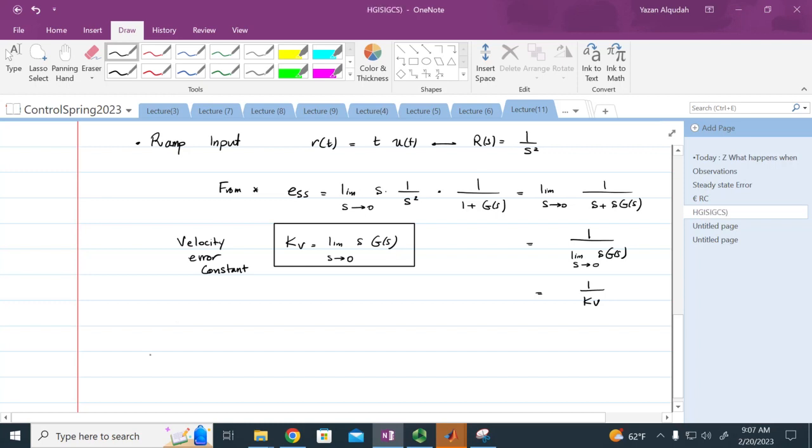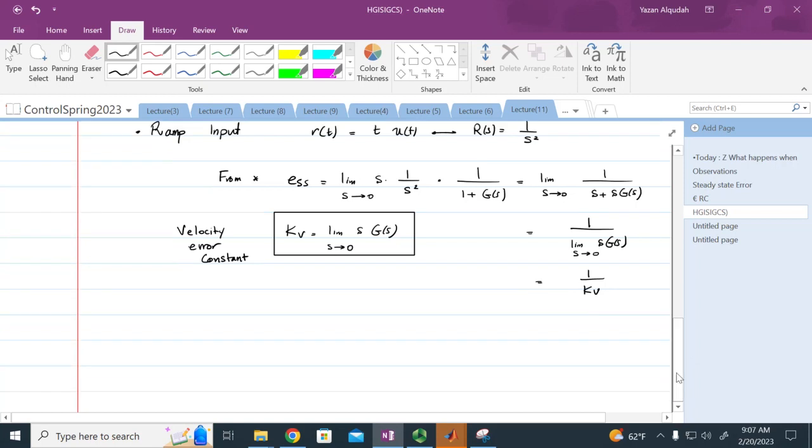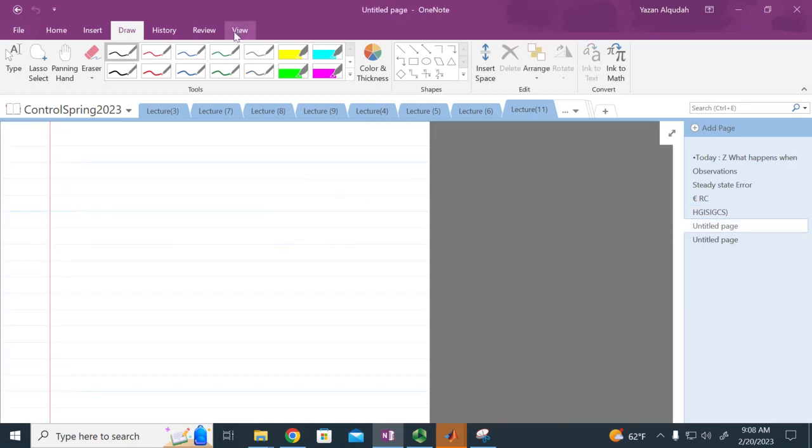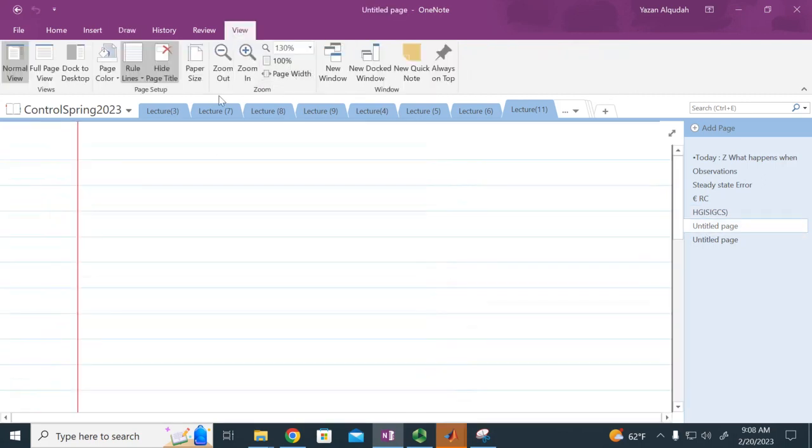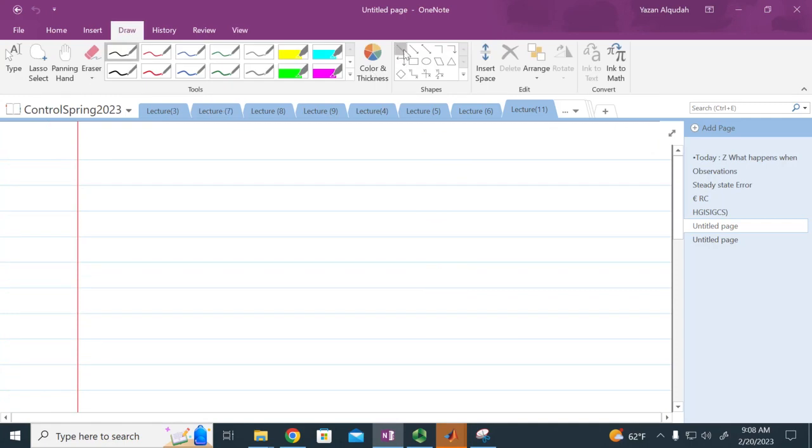Okay, so we're going to do something similar. What happens when we have different types of systems? So we're going to have 3 types of responses of outputs.